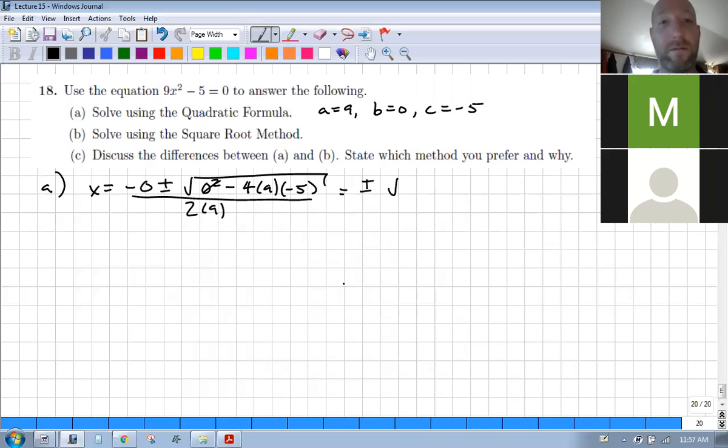Let's see. That is 20 times 9. It's 180. 20 times 10 would be 200. Over 18. See, 180 is 2 times 90, and 90 is 3 times 30, and 30 is 3 times 10, and 10 is 2 times 5.